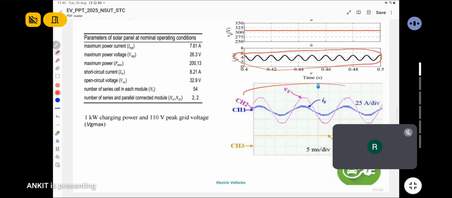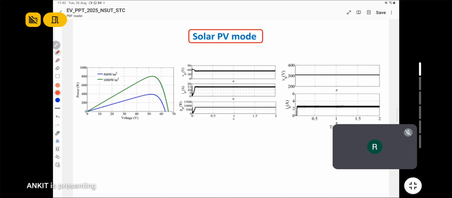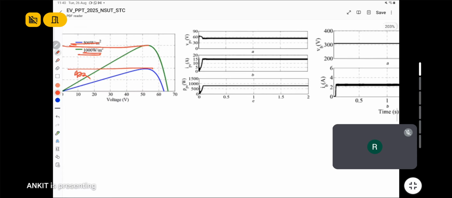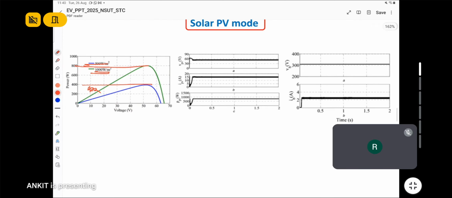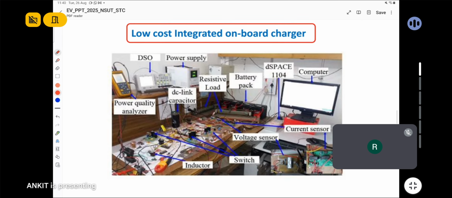So this is the hardware implementation part and its hardware results. This is the MPPT at 1000 solar irradiance. Solar PV is generating 800 watt, and at 500 solar irradiance it is generating 400 watt power. This is the hardware implementation of this work.